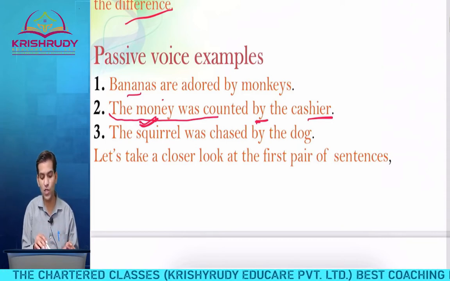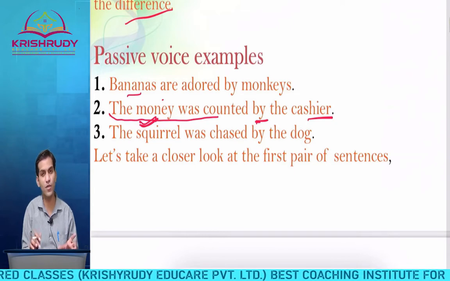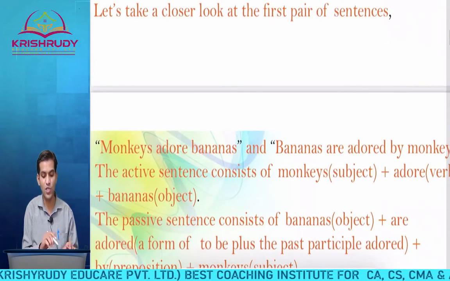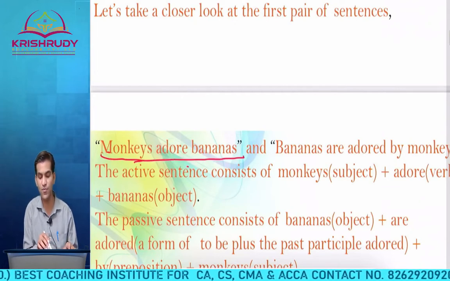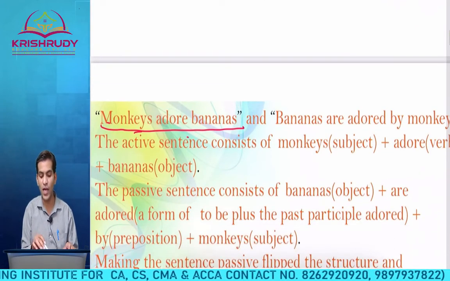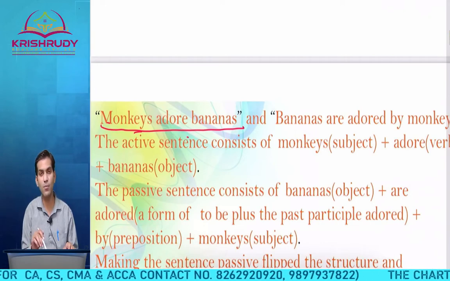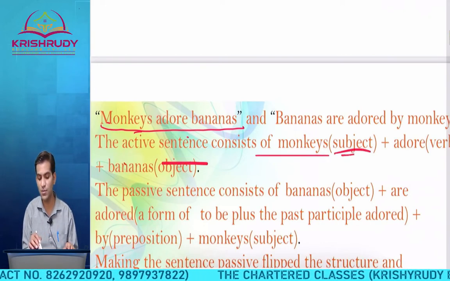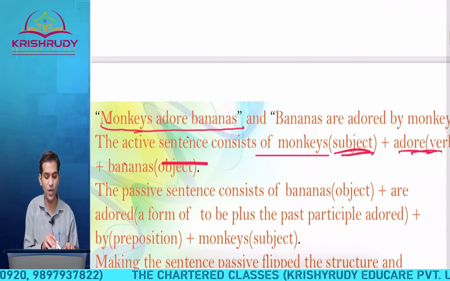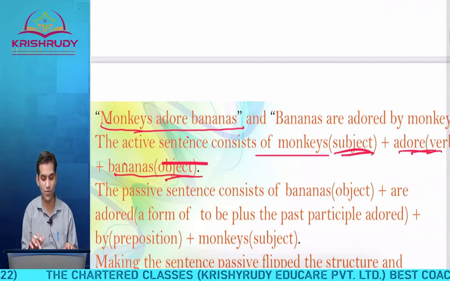Let's take a closer look at the first pair of sentences. Here you can see that "monkeys adore bananas" was the active sentence, and "bananas are adored by monkeys" is the passive. The active sentence consists of monkeys, subject, adore, verb, and bananas, object.